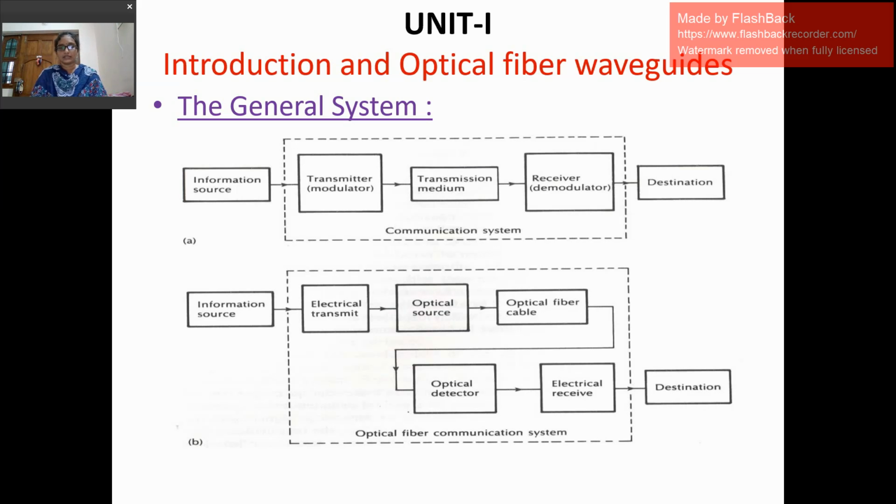These non-electrical signals are converted into electrical signals by using a transducer and given to the transmitter. The optical source's main function is to convert the electrical signal into an optical signal simply by using LEDs or lasers. That same light signal is passed through the optical fiber cable and allowed to reach the optical detector.